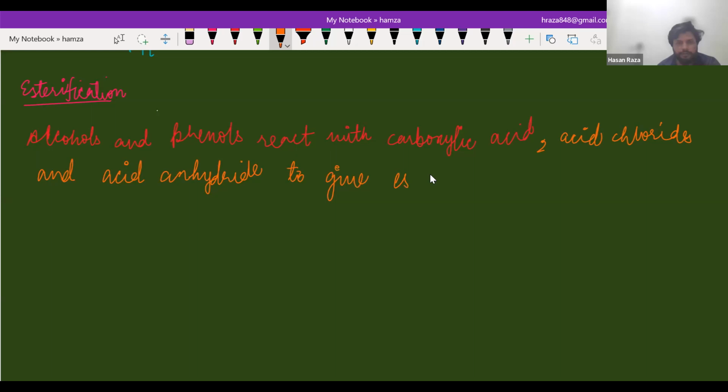So it's very simple. In class 10th we have studied that alcohols react with carboxylic acid and then we get ester. That process is known as esterification.